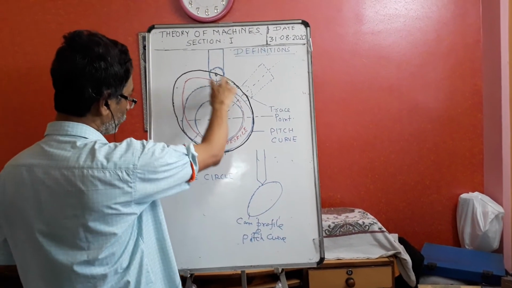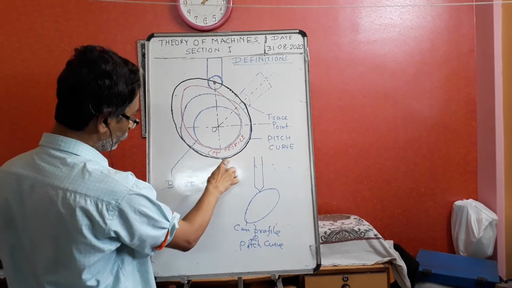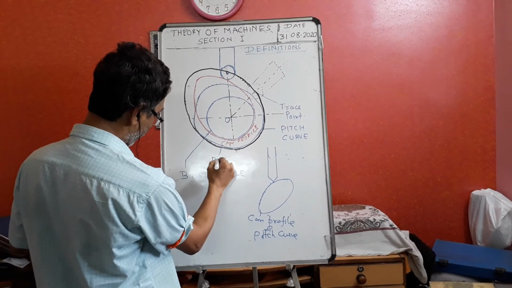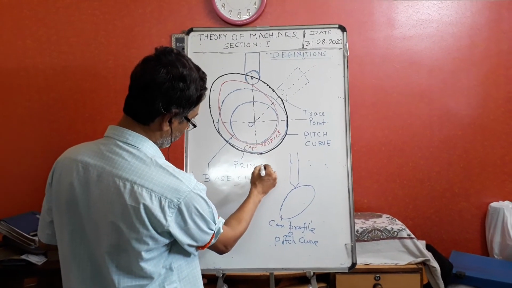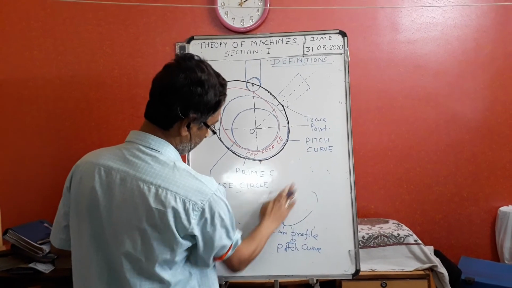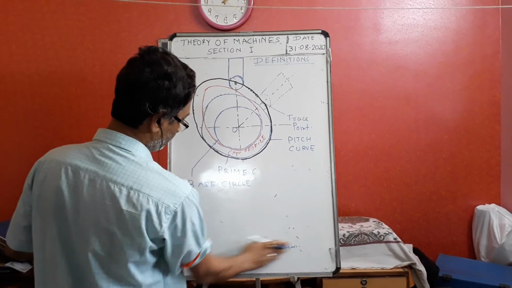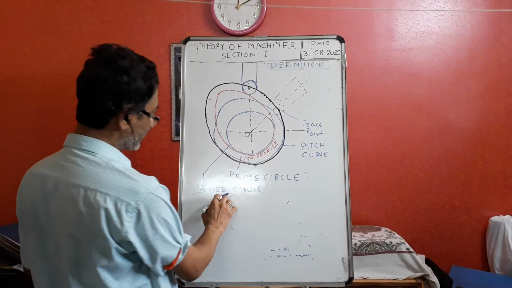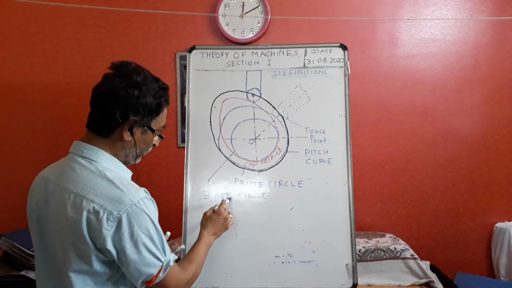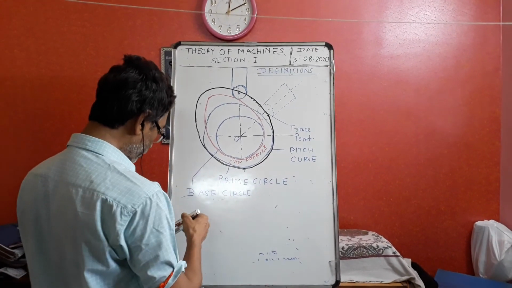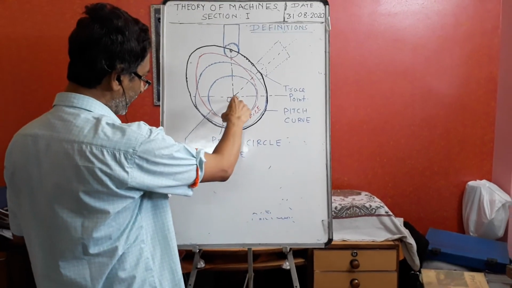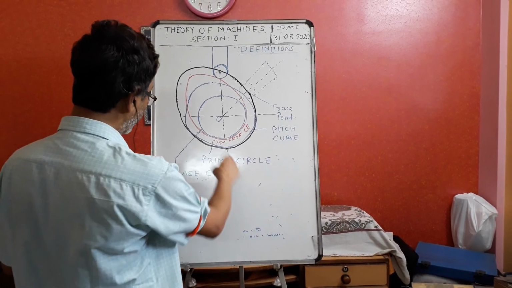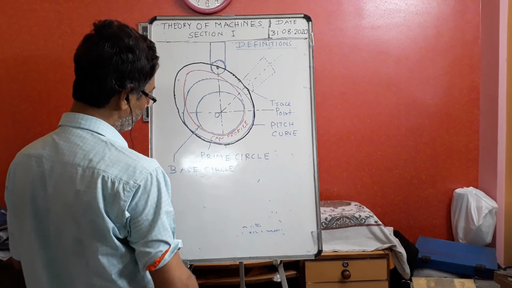The base circle is tangent to the cam profile, drawn with O as the center and the least radius of the cam profile. The prime circle is tangent to the pitch curve, and O as the center.